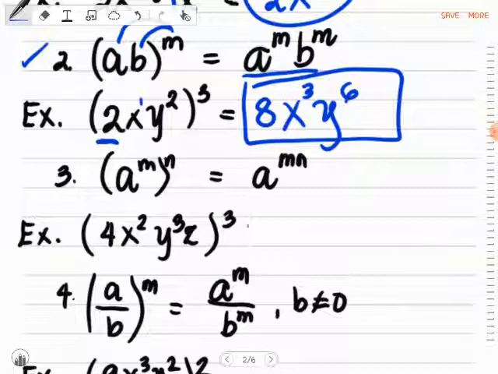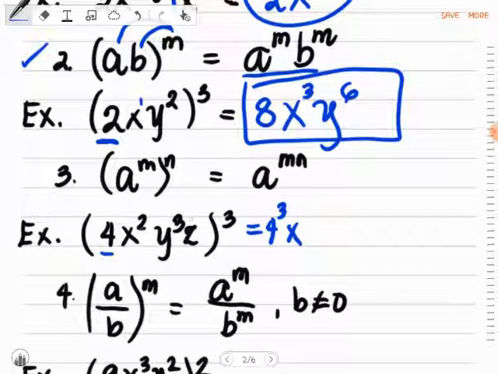So, for example, we have 4x squared y cubed z, tapos quantity raised to 3, or cube. So, ang gagawin lang dyan, ang 4 multiply by itself ng tatlong beses. So, ganito ang magiging itsura niya. Please follow me. That will become 4 cubed x, tama?